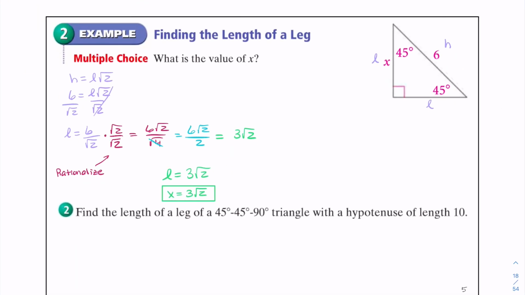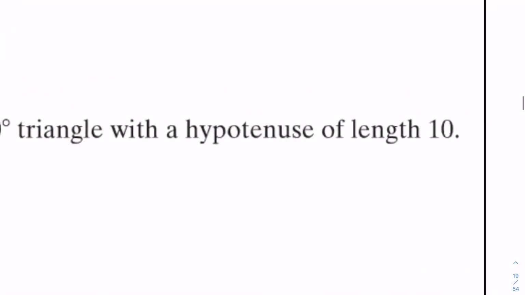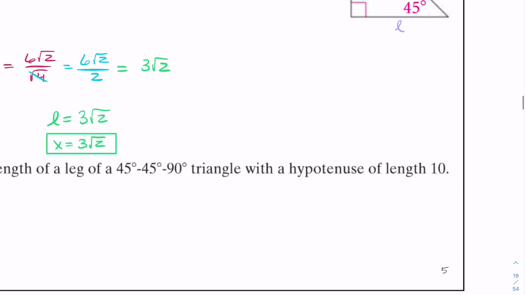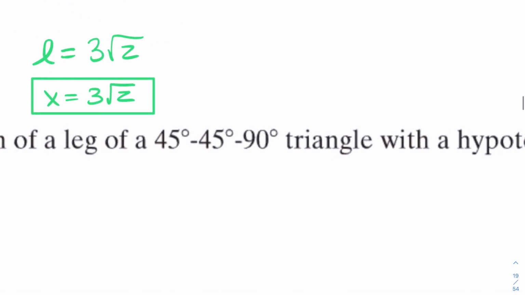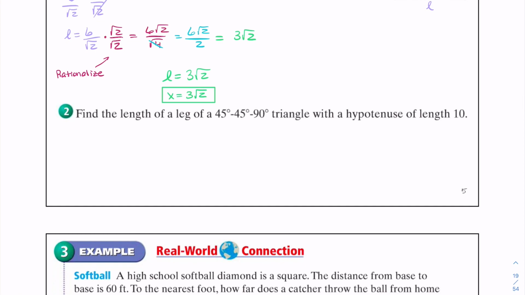Okay. Here, this one has a hypotenuse of 10. So I'm going to say this is, where am I at? This is a hypotenuse, what, 10? Nope, hypotenuse of 10.